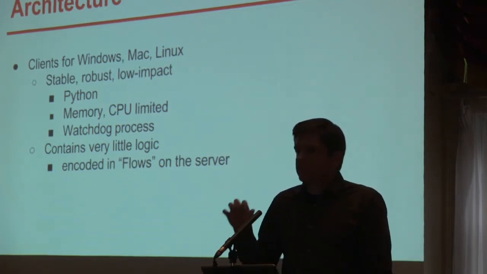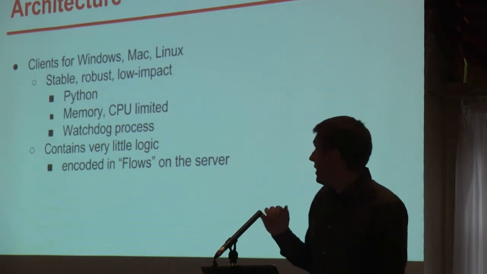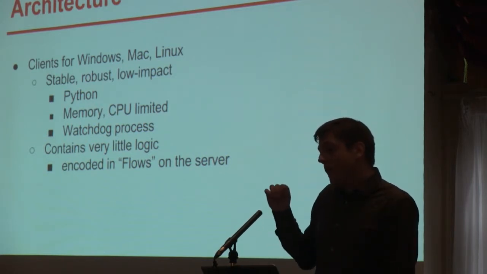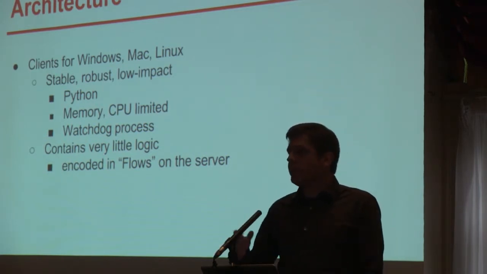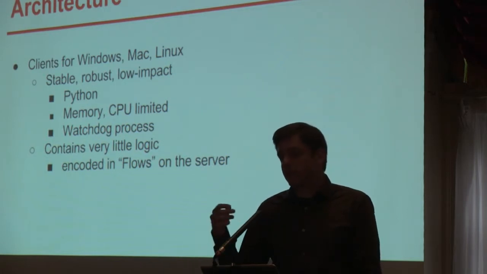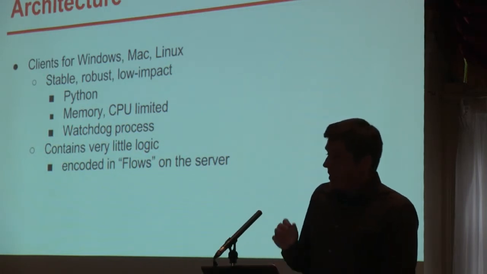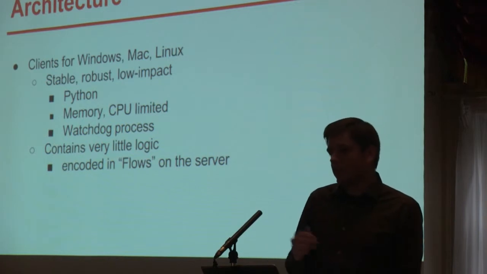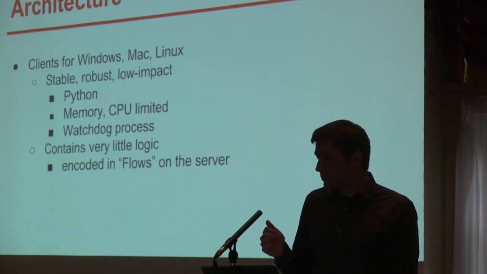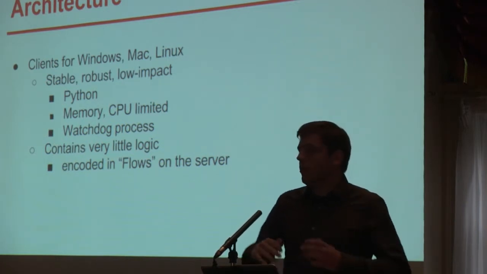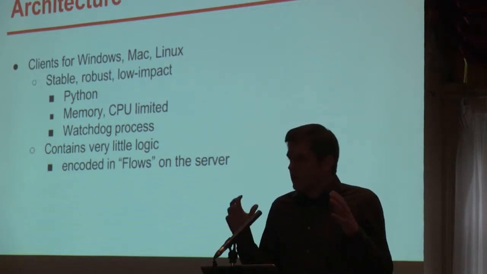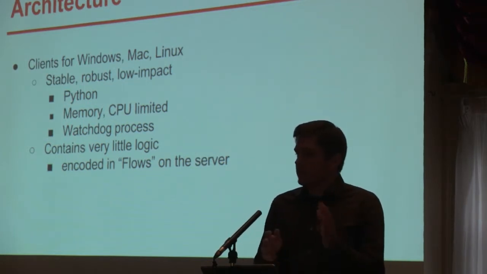The client itself is very lightweight. It doesn't contain any logic. So basically it has very simple functions: download this file, list this directory, stuff like that. And the actual logic is encoded in what we call flows on the server. So the flow is like a workflow. Let's say you want to get the Chrome history of some machine.